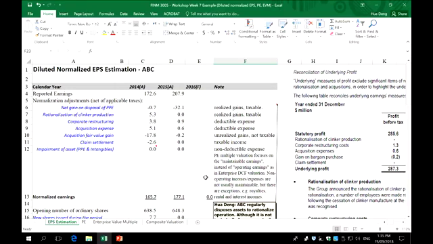We're doing normalized earnings, and our focus is on the maintainable earnings. Maintainable earnings are income or expenses that you expect the company is going to generate or incur on a regular basis. So we don't think about operating or non-operating; we think about the consistency of that income or expense.